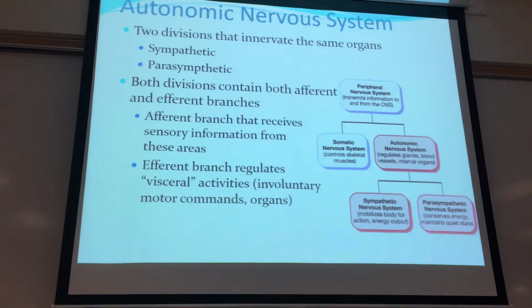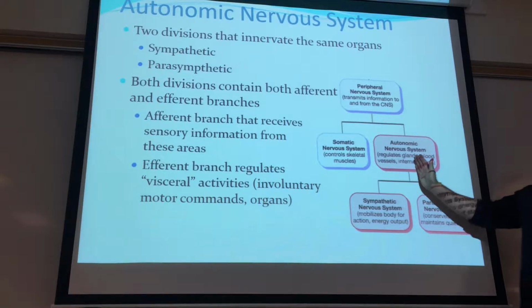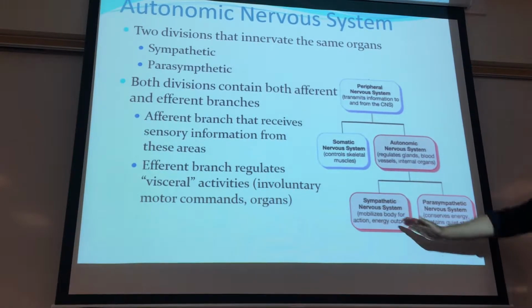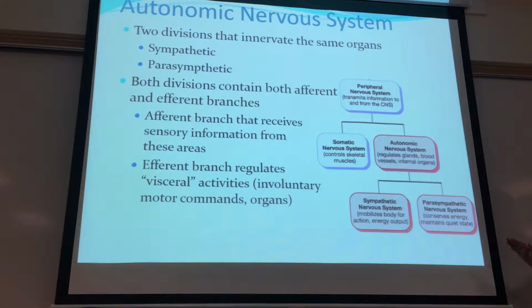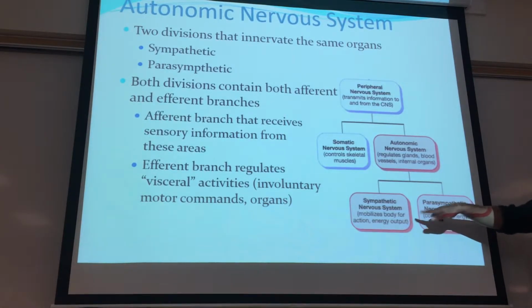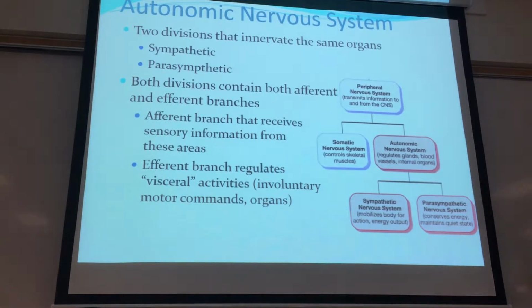So we're looking specifically at things that speed up glands and things that also slow things down. We're going to divide the autonomic nervous system into two pathways, the sympathetic and parasympathetic nervous system. And we'll spend the rest of this lecture looking at the differences between the two as part of the autonomic nervous system.